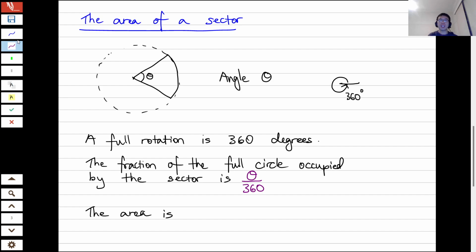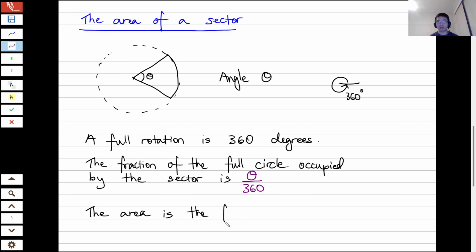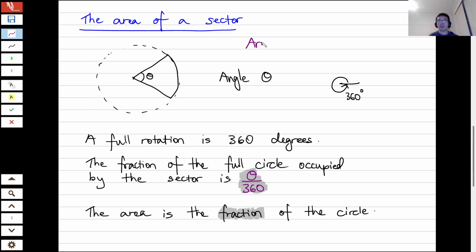And so the area of this shape, which is called a sector, is given by the fraction of the circle. I've already got the fraction. It is theta over 360. And I also know that the area of a circle is given by pi r squared, or pi times r times r.